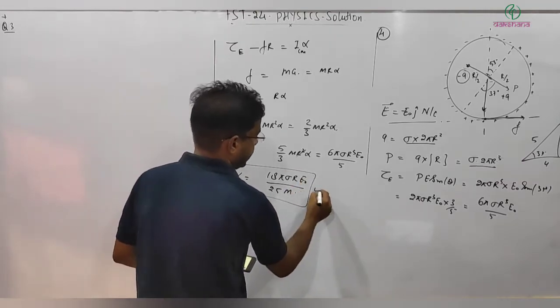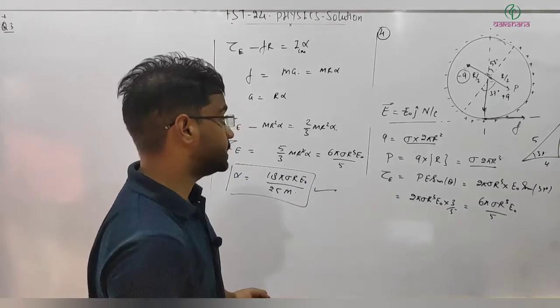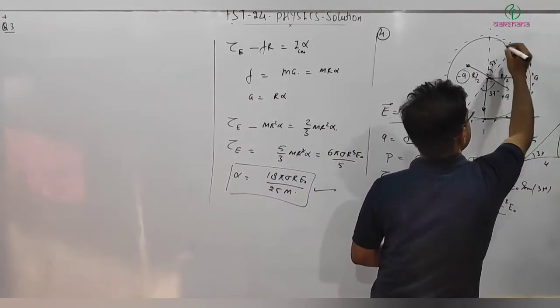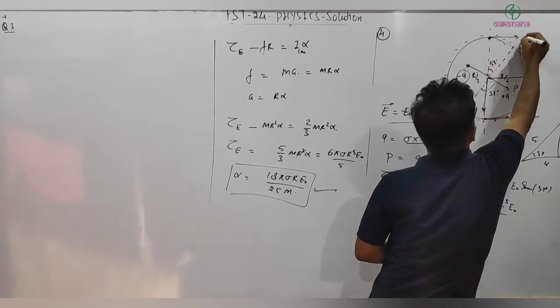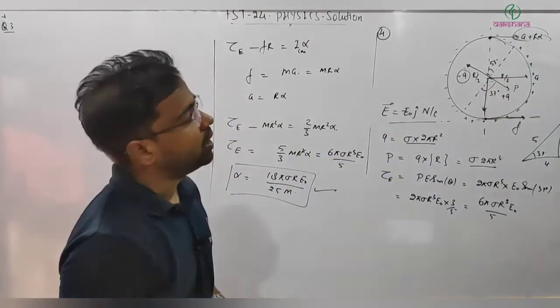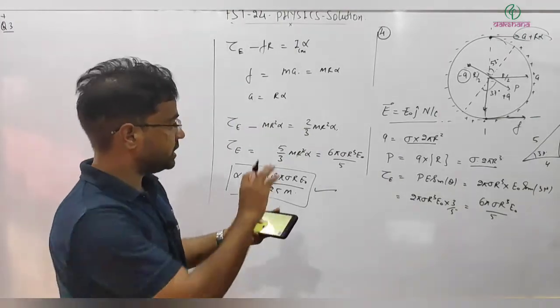This is the angular acceleration of this spherical cell. If it is doing pure rolling, the total acceleration will be A plus R alpha, and since A equals R alpha, the total acceleration will be 2A. We understood up to here.